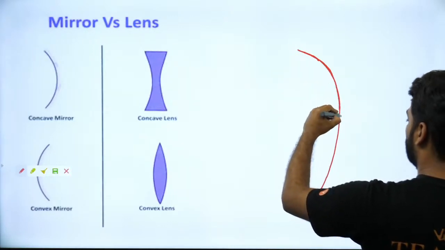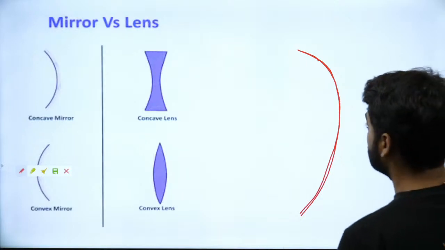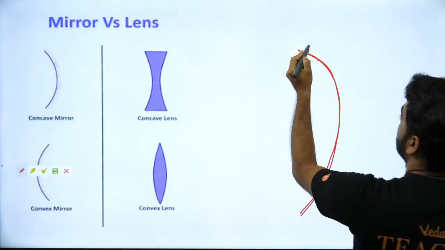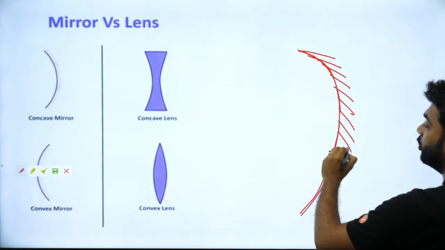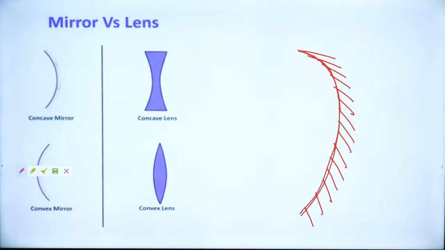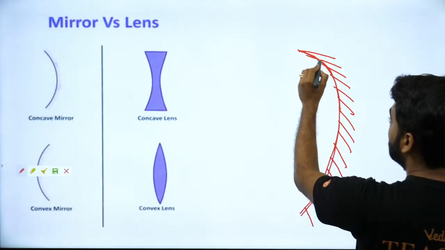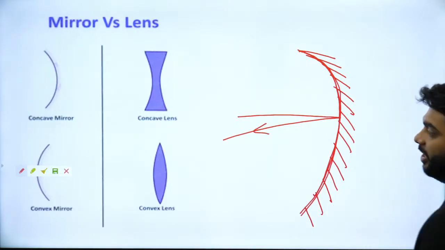So you draw a curve and you draw these lines. These lines tell you that this is the reflecting part.